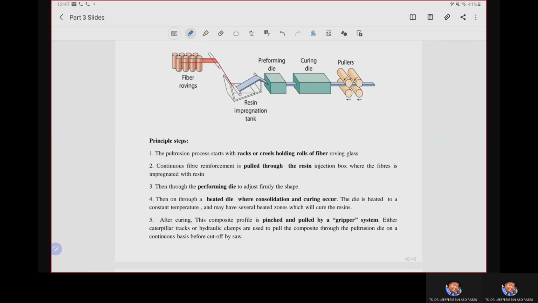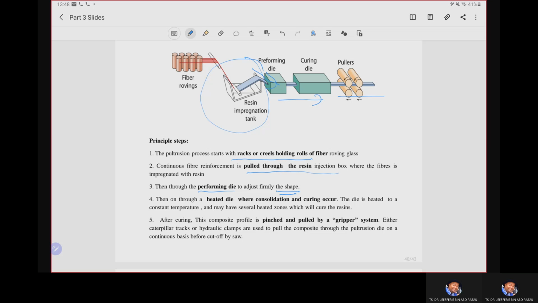Remember that we need to have the fiber supplied from the rack or creel holding the rolls, and then the fiber must be pulled and wetted in the resin impregnation tank here, so that the fiber can be wetted. Then it goes to the preforming die, so that we can compact the fiber into shape, and then goes to the curing die for consolidation and the curing process.